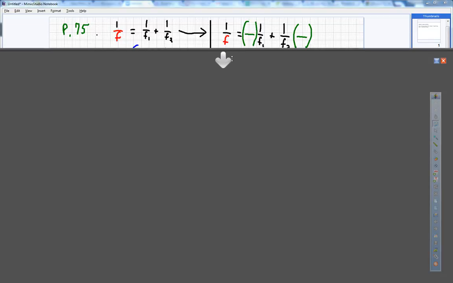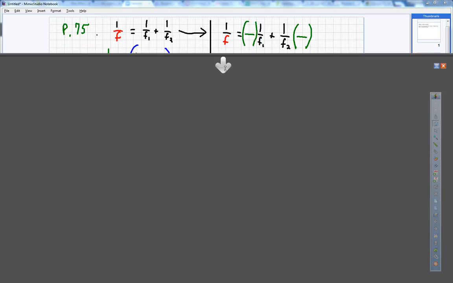In order to create a common denominator, I need to multiply each of these values, because you see that f sub 1 and f sub 2 are in fact different denominators. I need to multiply each of these fractions by a value that's equivalent to 1. That will give me a common denominator. You probably know that you can just multiply these two values together.